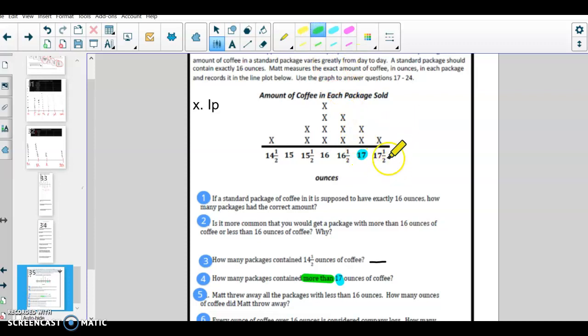Well, 17.5 ounces is more than 17 ounces. So I know that this is how many packages of coffee weighed more than 17 ounces. I would record my answer for question 4 for goal formative.